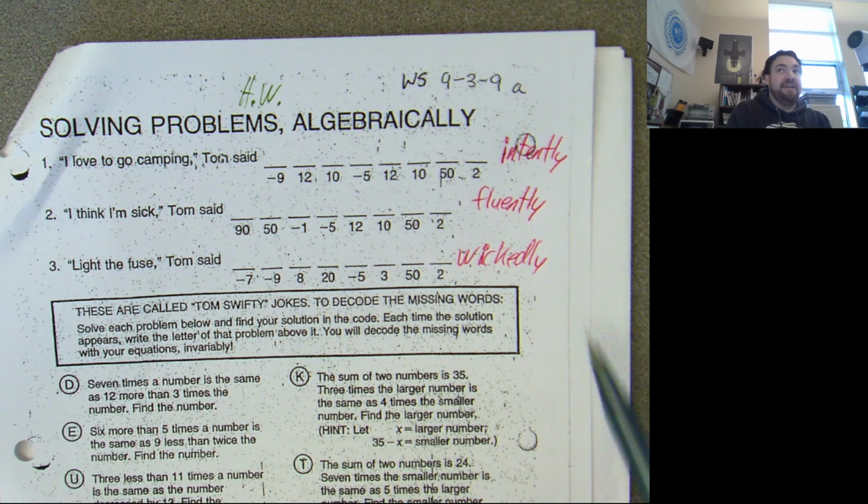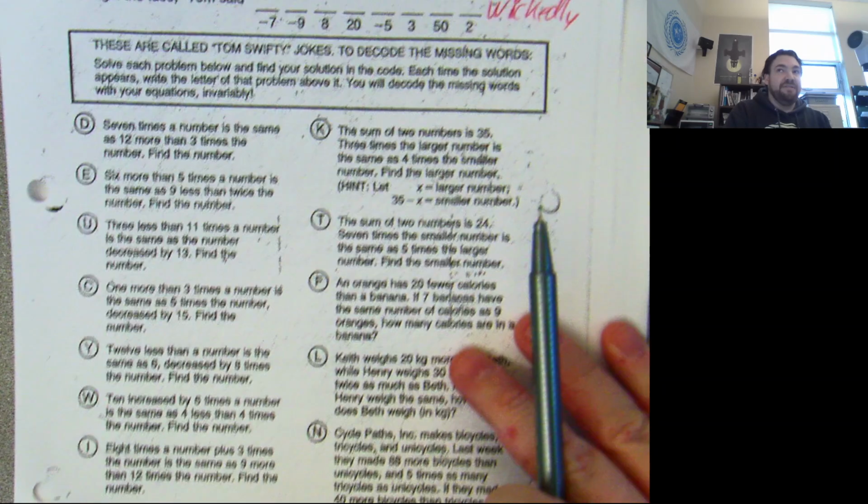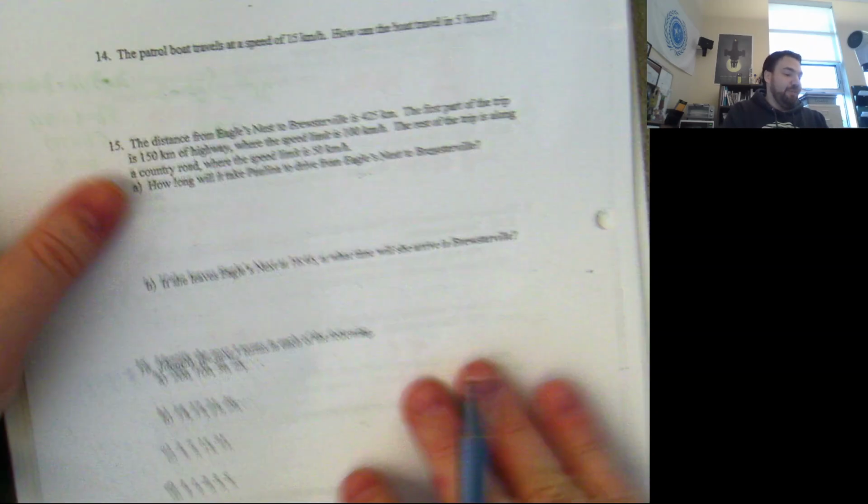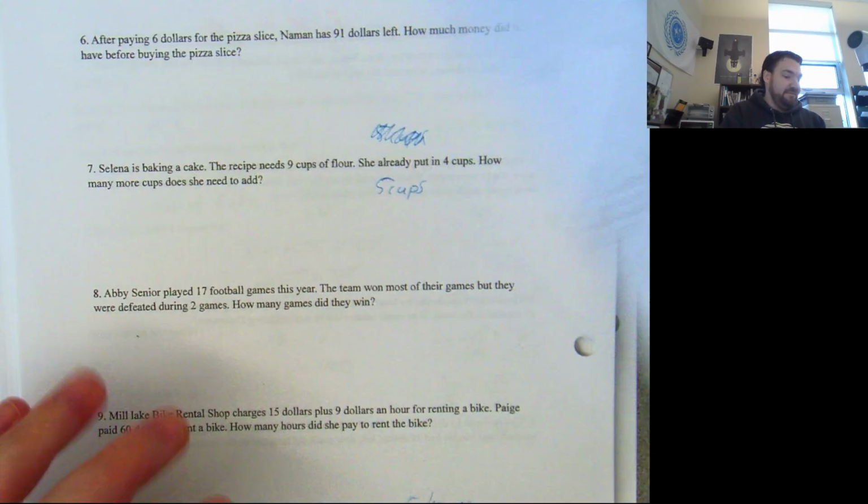So then you can tie the letters to the values and take a look at some of these. On your chapter test for tomorrow, there are word problems, and the word problems that I've chosen come from the pages of word problems here at the back of this book.